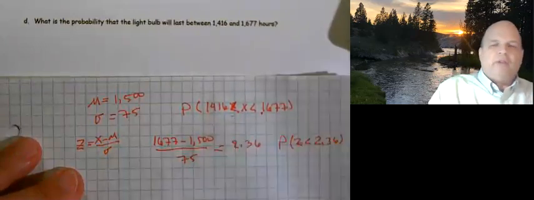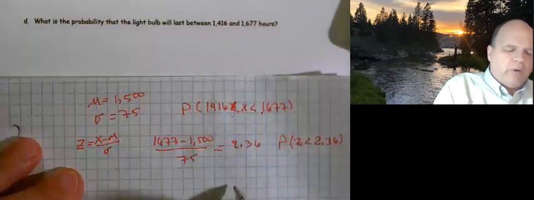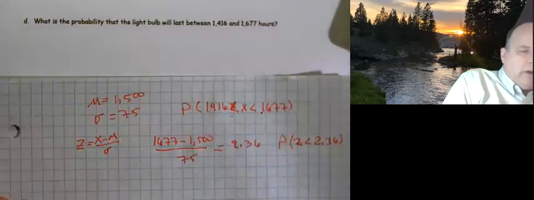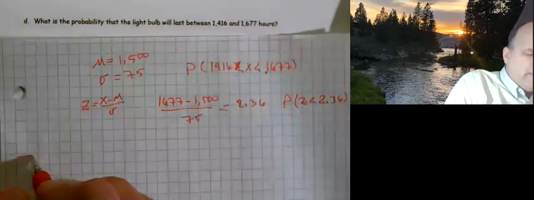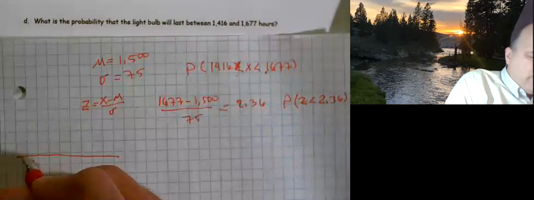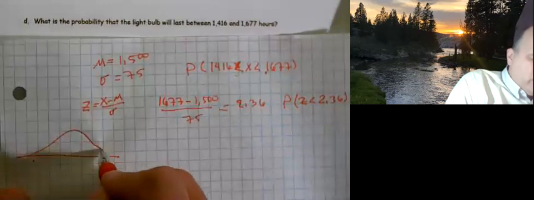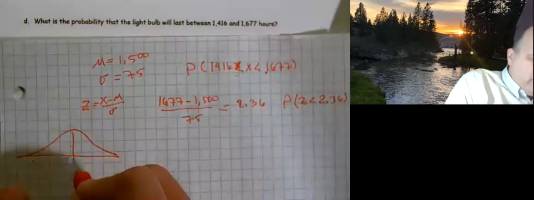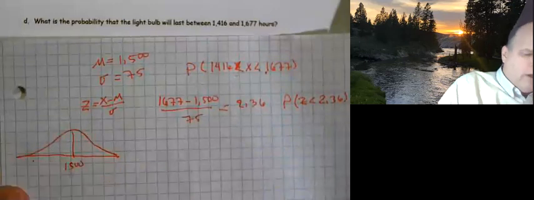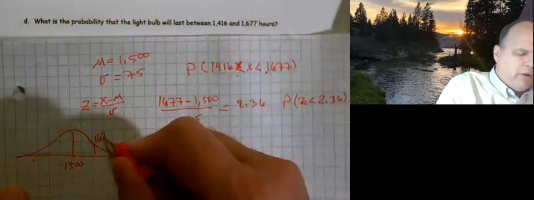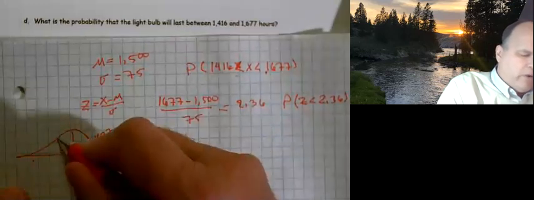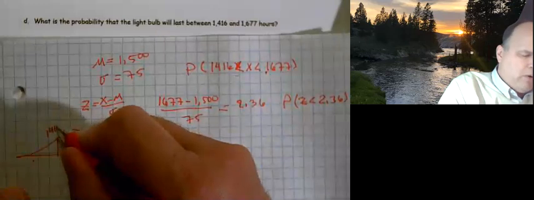And I kind of got ahead of myself. I left off something very, very important. So off to the side right here, I'm going to draw what I was looking for. What I'm looking for is this. Here's 1,500. And we have 1677 up here and 1410 somewhere below.